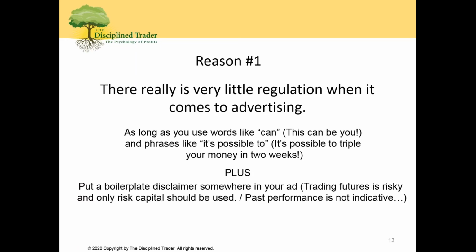Plus, there's a boilerplate. I mentioned that I ran one of the largest option firms in the country. Next door, in the next office was Fred. He was the attorney for the company, and we had 15 offices. I ran the home office, and we made everybody put the boilerplate disclaimer somewhere in the end, and it went something like: futures trading is risky and only risk capital should be used.